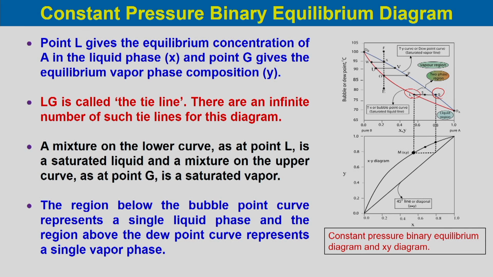The region below the bubble point curve, the red line, represents a single liquid phase, and the region above the dew point curve represents a single vapor phase. So, this region is the liquid region, and this region is the vapor region.